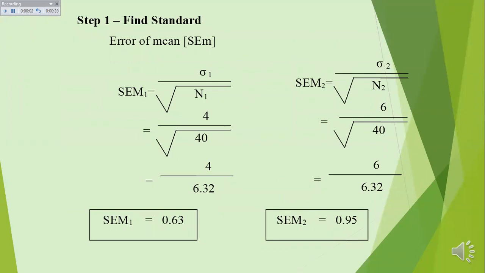Step first, find standard error of mean. This is the formula regarding standard error of mean: standard deviation divided by root n. And here we know the standard deviation as per the previous slide.